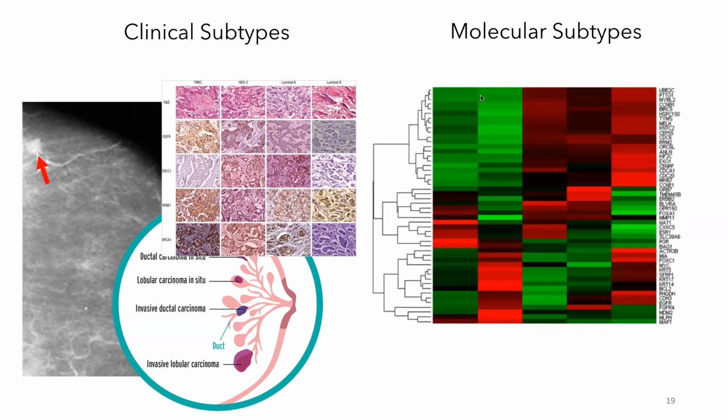This is an example of molecular look at the same data. If we use multiple expression of genes or a gene panel, we can categorize the samples looking at their gene expression profiles.